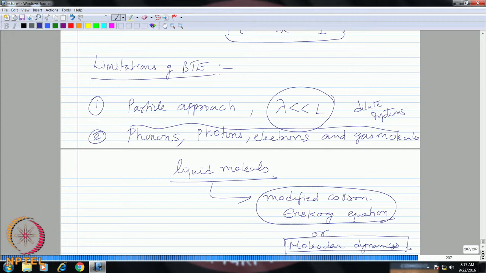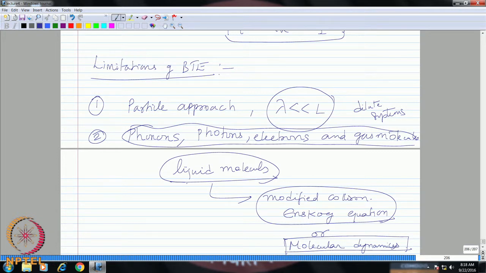So, the two options that are available for dealing with liquid molecules are fundamentally either you do molecular dynamics, or the Boltzmann equation can be modified, the collision term can be modified, and this is called the Enskog equation. So, most of the discussion using the Boltzmann equation is limited to, for example, solids where we are dealing with phonon and electron transport.